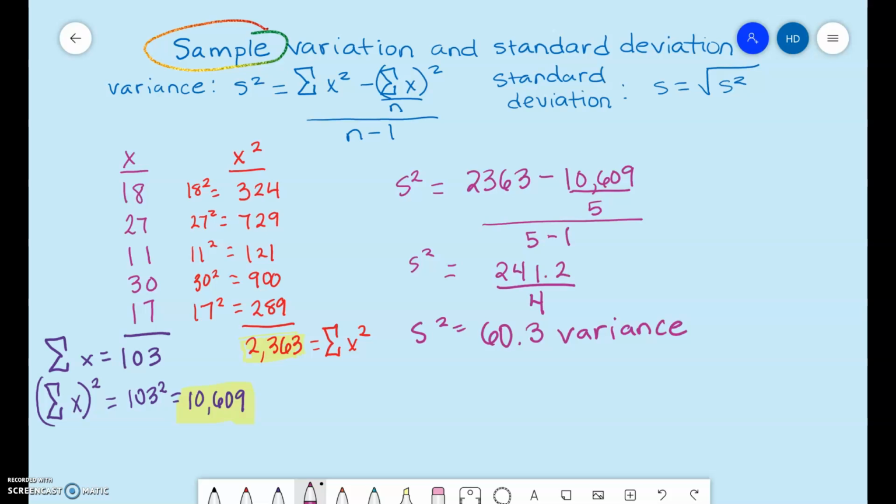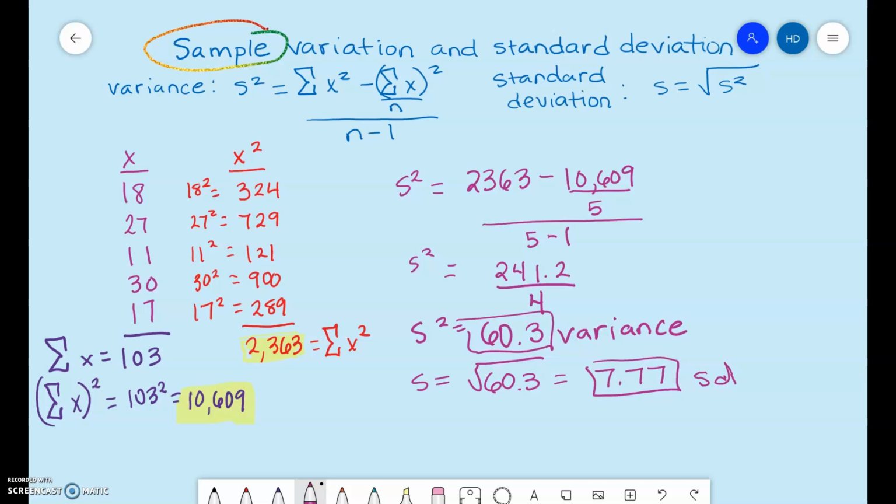Now, to get your standard deviation, all you have to do is take the square root of your variance. So when you do that, rounding here, you get 7.77 for your standard deviation and 60.3 for your variance. And that's for a sample.